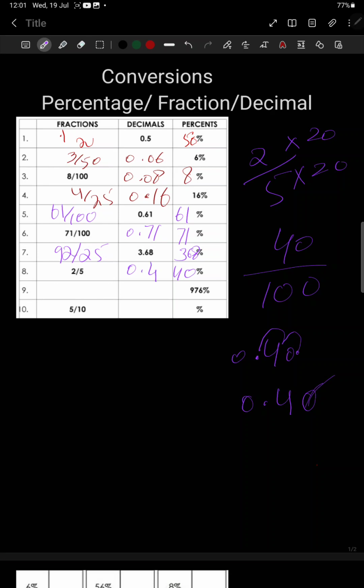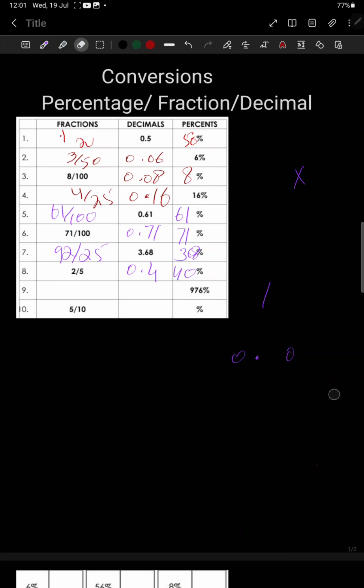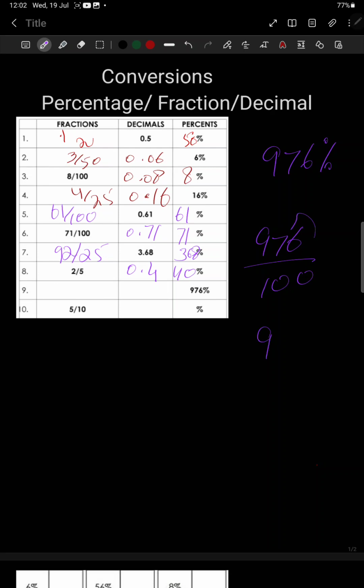The next number is given in the percentage column, and it is a bigger number, 976%. So 976 over 100. This is in the form of a fraction. While converting it into decimal, it will be 2 steps back, 9.76.